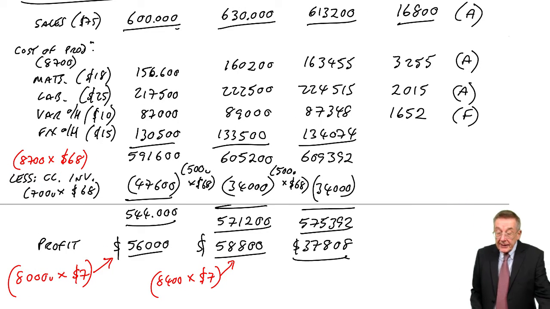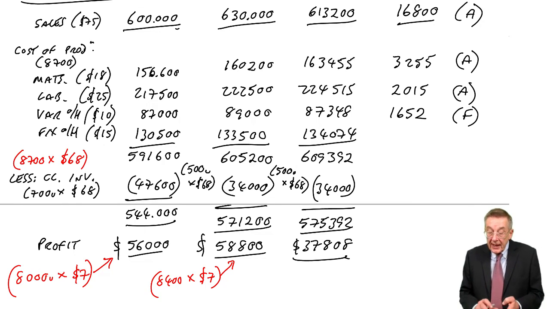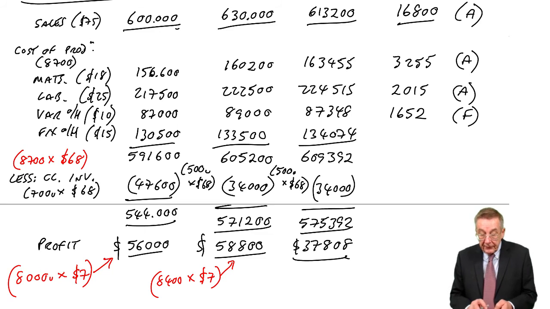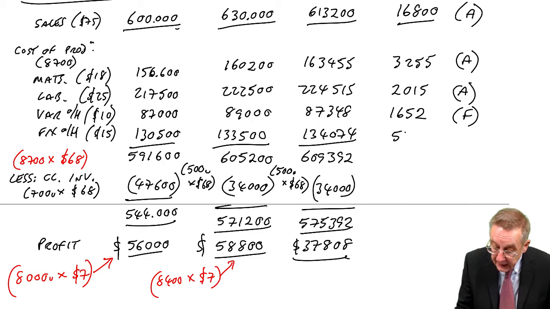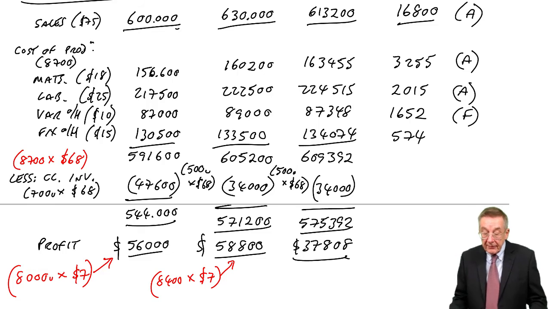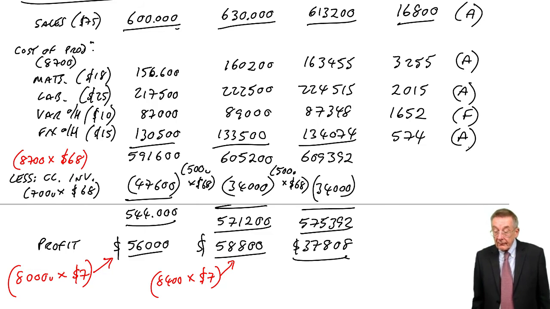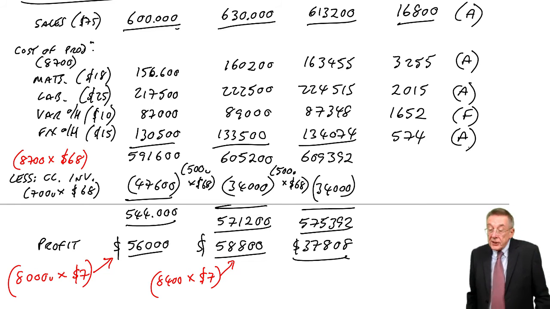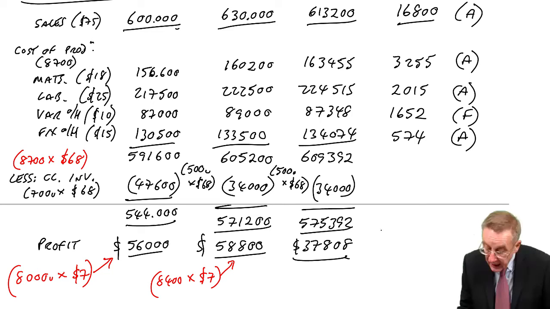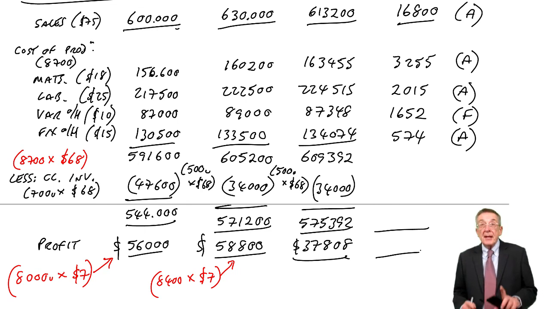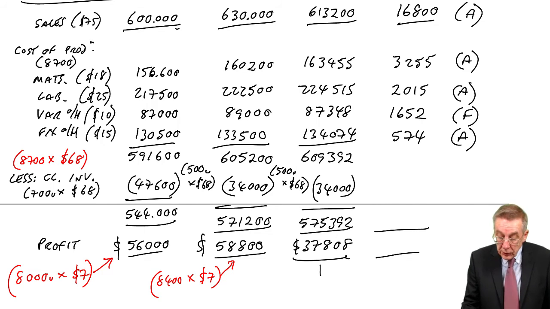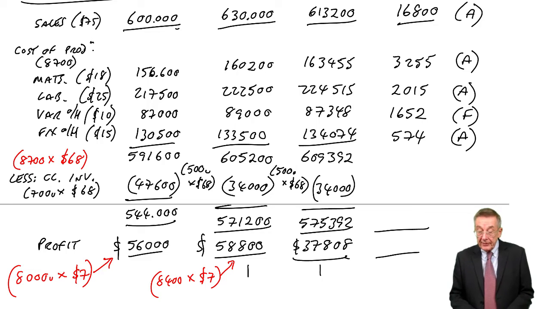Finally, what about fixed overheads? I've already said we know there's a problem, but the flex budget was 133,500. We actually spent 134,074. So arithmetically, an overspend of 574, it's adverse. And just as a double check on ourselves, the net total of those variances should explain why the actual profit was different than the flexed profit.